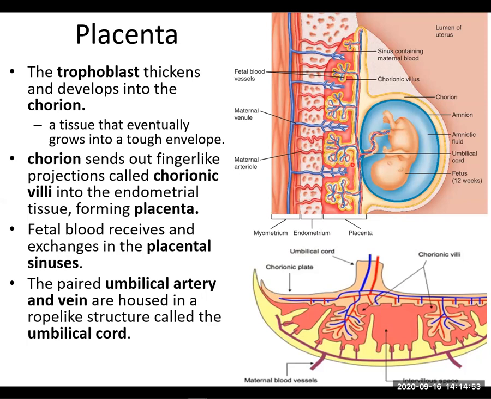The blood sent to the placenta from the baby and the blood going back from the placenta into the baby are going through this cord. This cord is called the umbilical cord.